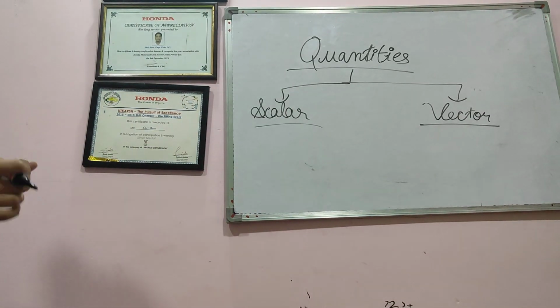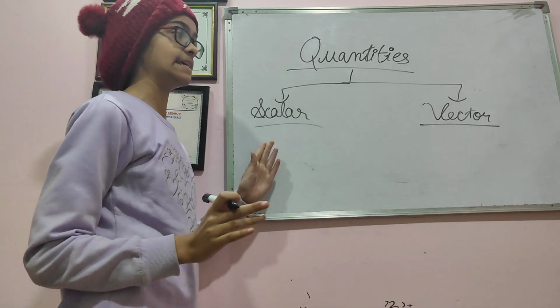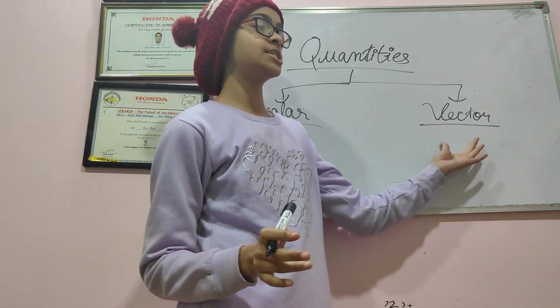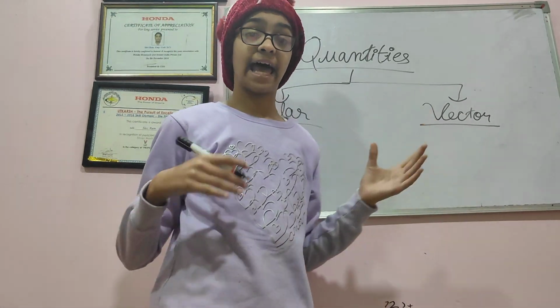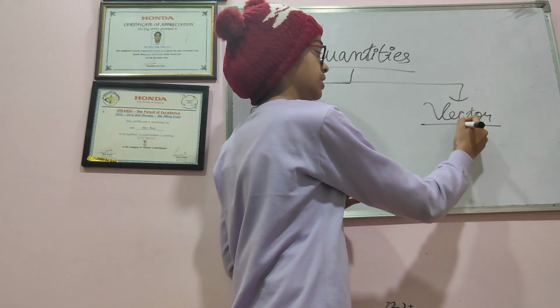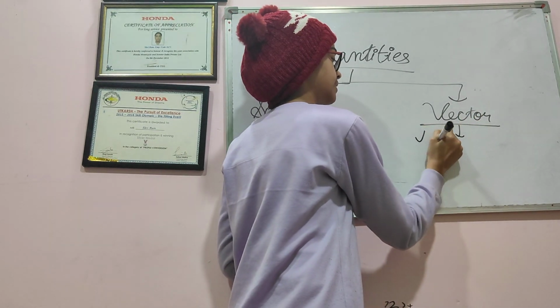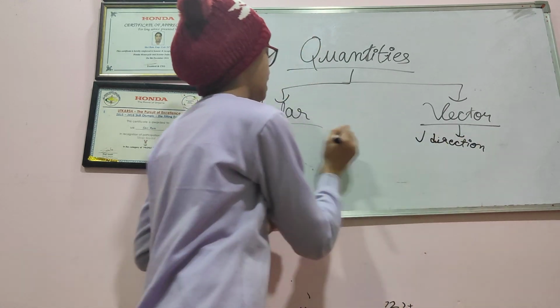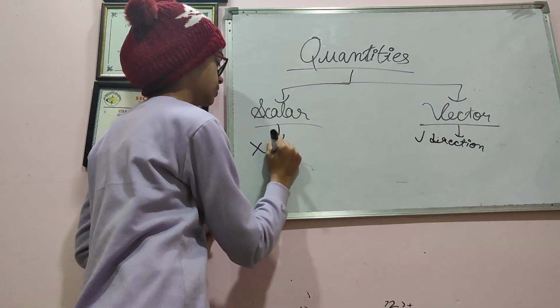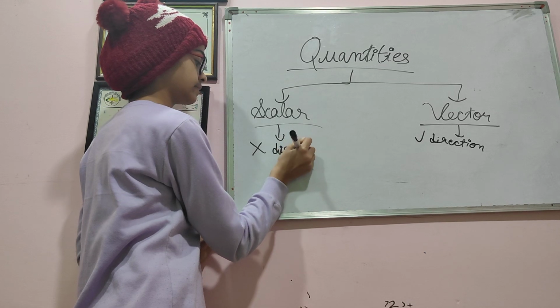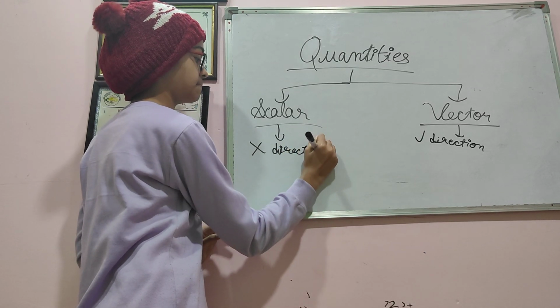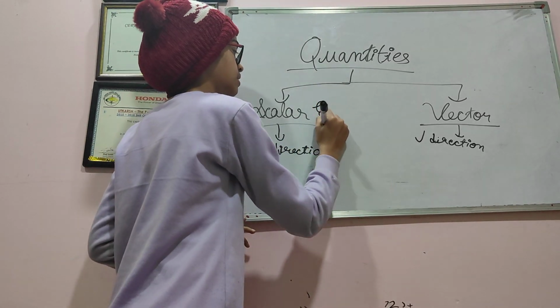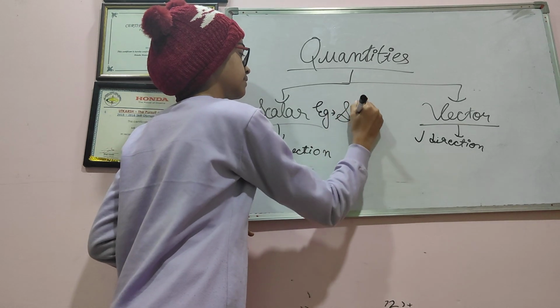So first of all, the main important point is, you may have heard that vector has a direction, specified direction. It has direction. But scalar has no direction. Example I'll give of scalar is speed.